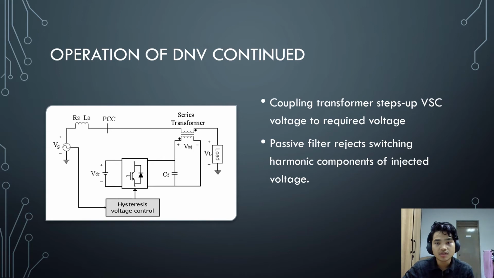Here you can see that after the VSC supplies the voltage, the coupling transformer will step up the low VSC voltage to the required voltage, and the passive filter will act to reject the switching harmonic components of the injected voltage. As we know, there are harmonic components in all these switching circuits. So that's what this capacitor is for.